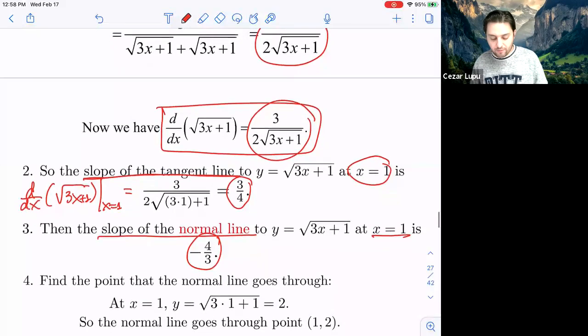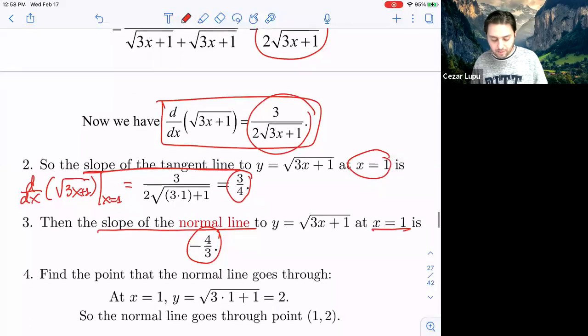And now step 4, we need to find a point that the normal line goes through. So at x equals 1, you'll plug it in and this is nothing else than just the square root of 3 times 1 plus 1, which is 2. So the normal line goes through the point of coordinates (1, 2). So let's keep this in mind.